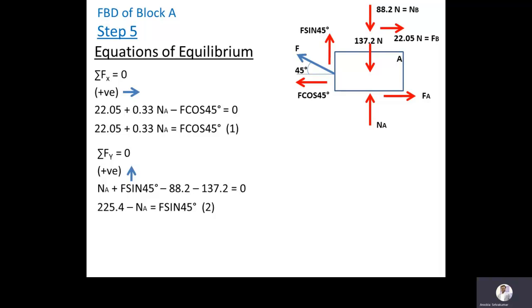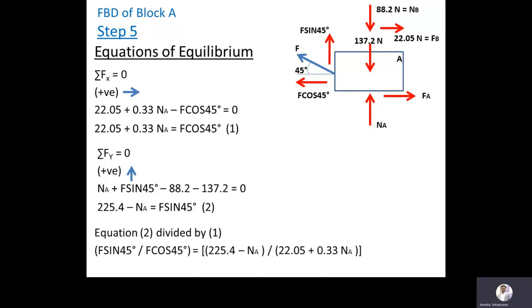Now based on equations 1 and 2, if we divide equation 2 by 1, we will get F sin 45 by F cos 45 is equal to 225.4 minus NA divided by 22.05 plus 0.33 NA. Both sides contain normal reaction A, and sine by cos we know is tan, so F will get cancelled.